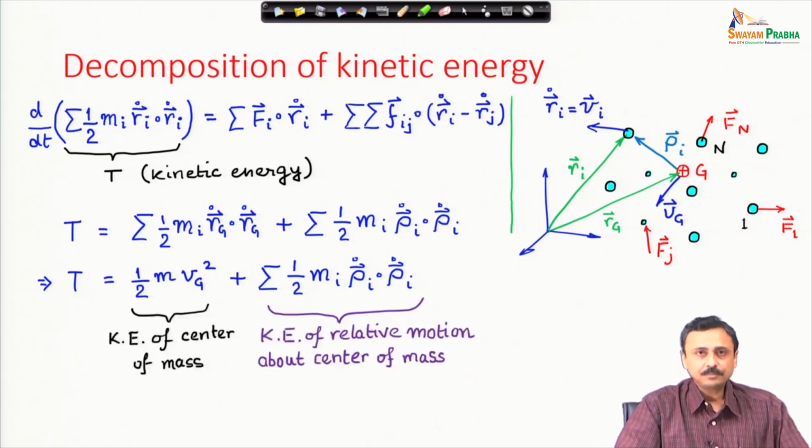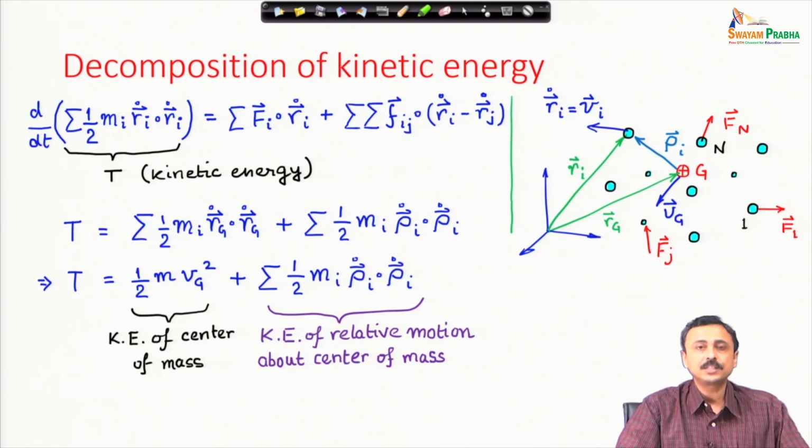The first term is the kinetic energy because of the motion of the center of mass, and the second term is the kinetic energy due to the relative motion of the particles about the center of mass.